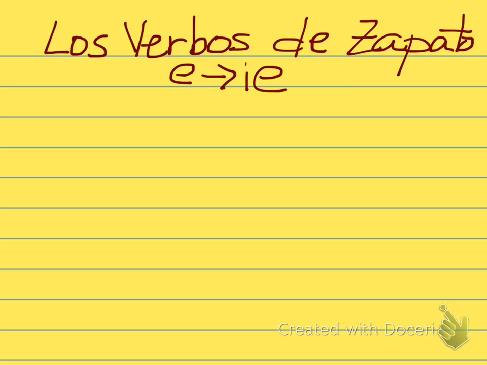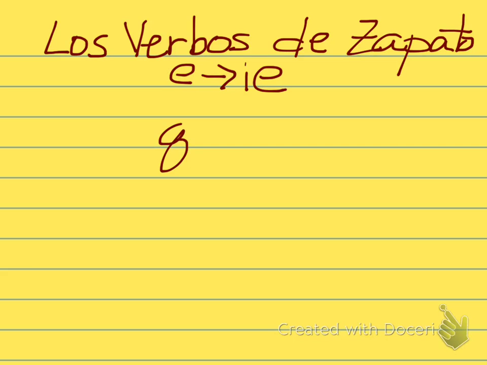So, stem changing verbs have regular AR, ER, and IR present tense endings. Everything that you're used to seeing is still the same. The only difference is that in E to IE stem changing verbs, the E of the stem changes to an IE in all forms except nosotros and vosotros. Let's do an example.